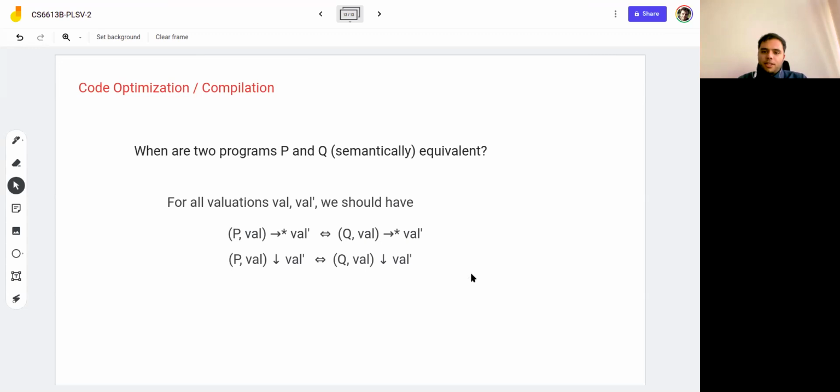So if my language doesn't have non-determinism, this definition works. But my question is, suppose that we have the same while language, but we also have non-deterministic choice in it. So in the syntax, I will also have something like P star Q, where this star means non-deterministic choice.